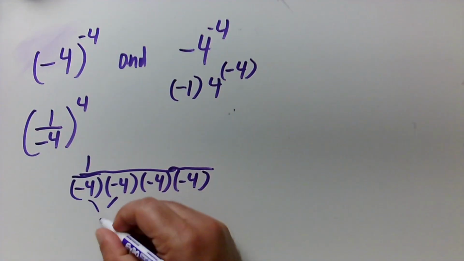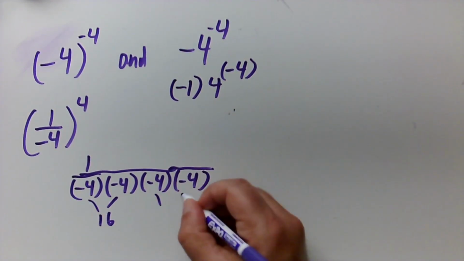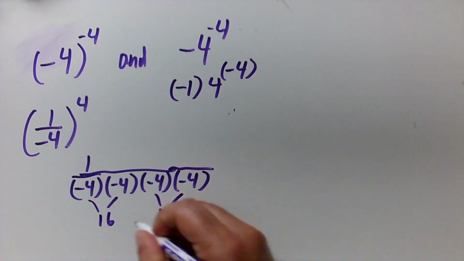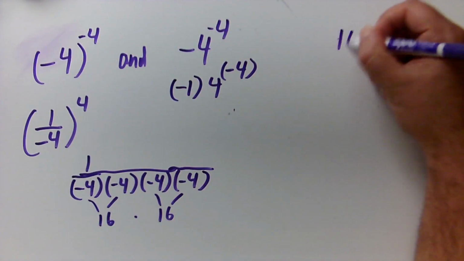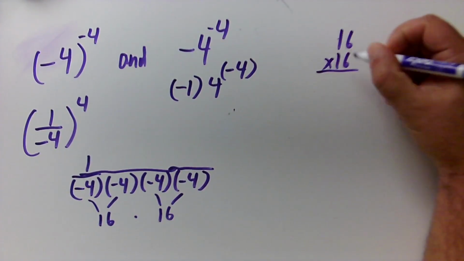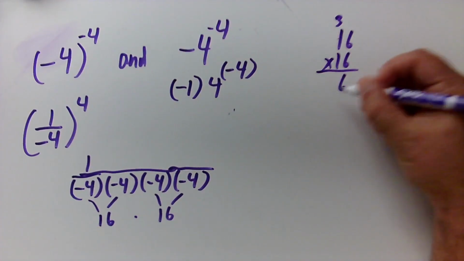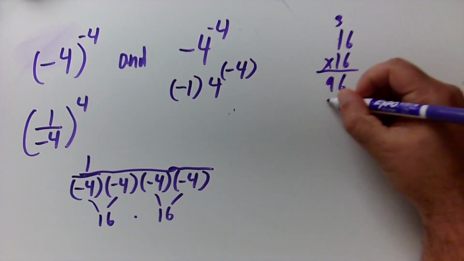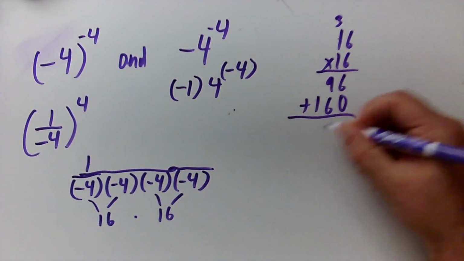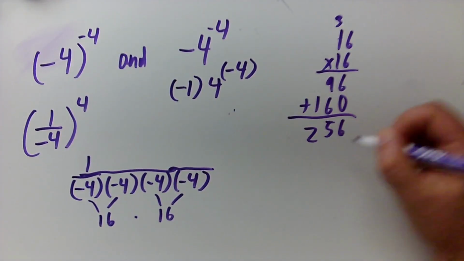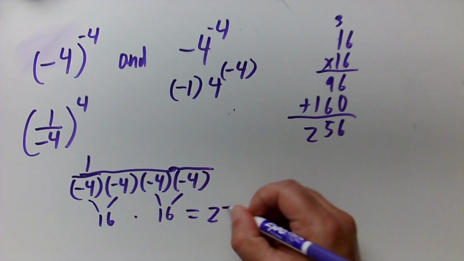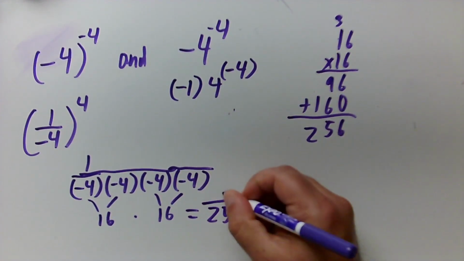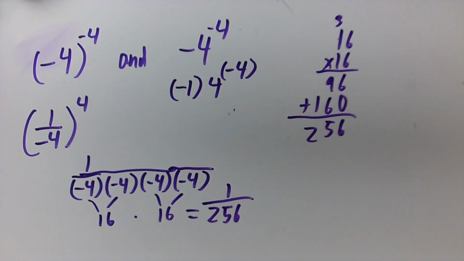Negative 4 times negative 4 is 16. Negative 4 times negative 4 is 16. Multiply these two together. Do it real quick right here. 36, 90, 600, 1. Add those together. You get 256. So this equals positive 1 over 256.